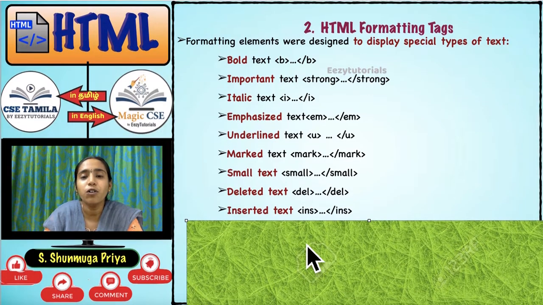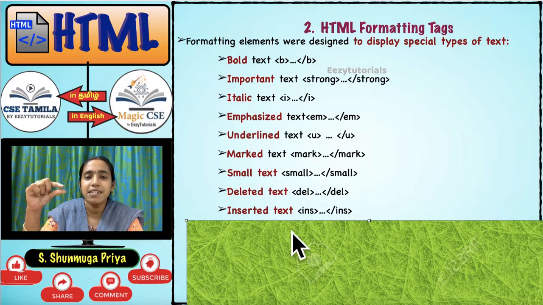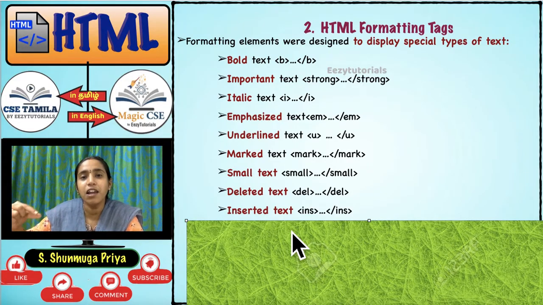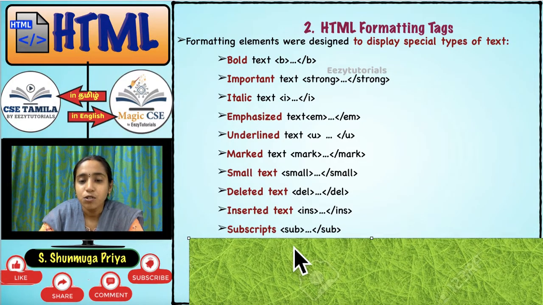The next one is superscript and subscript. What is meant by subscript? You have normal text, and some text you want to appear at a lower level. Then you call it subscript. For example, log to the base 10, log to the base 2. Something written at the base level is called subscript. The subscript tag uses the keyword sub.